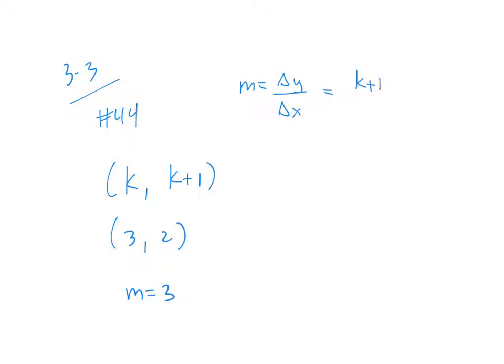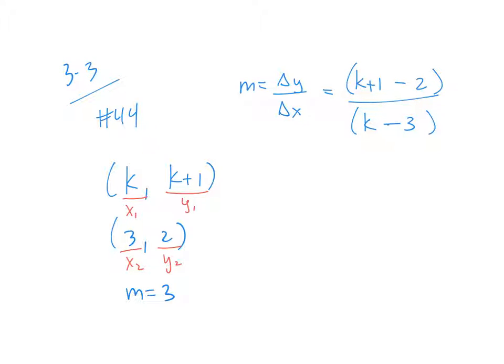K plus 1 is the first y value. Minus. So here's what I have to do, right? I have to take y1 or y2, it doesn't matter what you call it, minus the other one, over x2 or x1, it doesn't matter as long as you're in the same order. Minus 3.